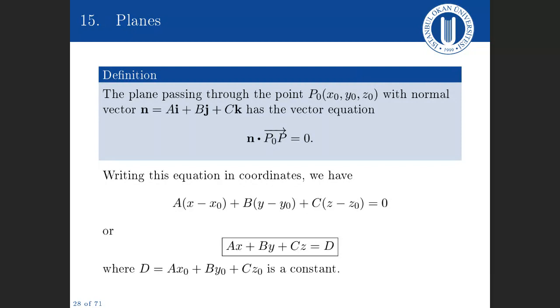In terms of coordinates, that's the same as a(x minus x0) plus b(y minus y0) plus c(z minus z0) is equal to 0. Or we could rearrange that to ax plus by plus cz is equal to d for a different number d. And it's this formula in the box which is the one we're going to be using.